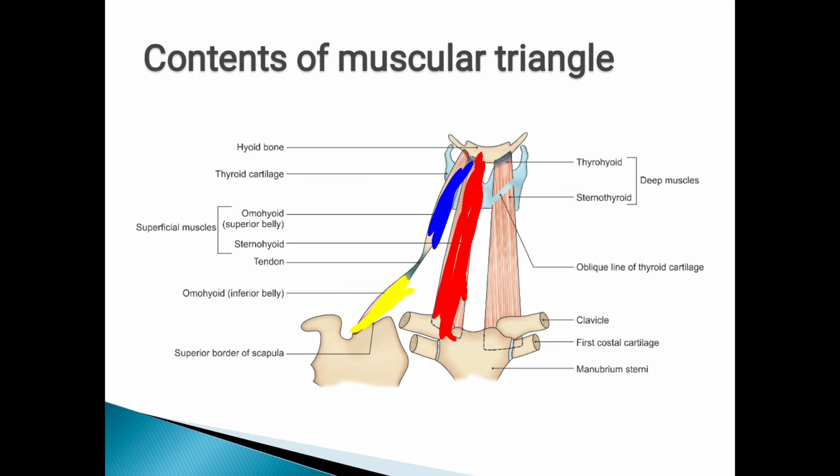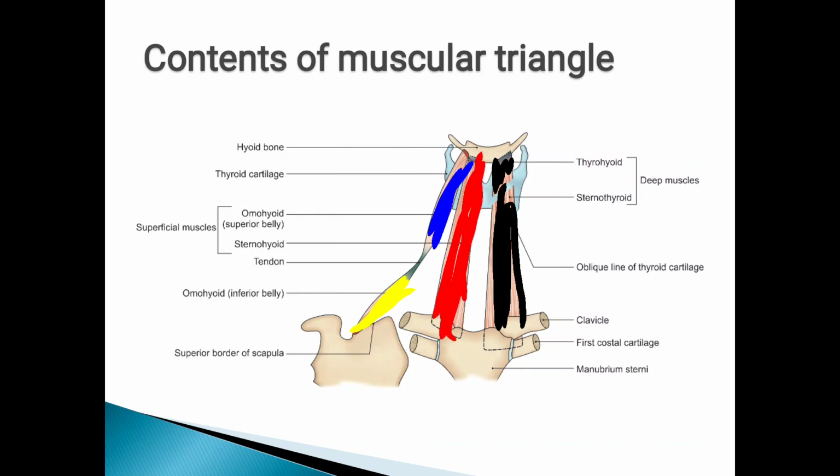When you reflect this sternohyoid, you will be able to see the thyrohyoid here and the sternothyroid from the sternum. Okay, I am using black color to mark both the sternothyroid and the thyrohyoid muscle.